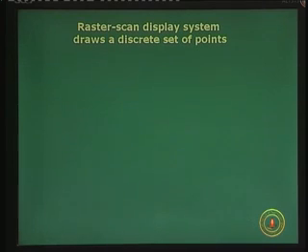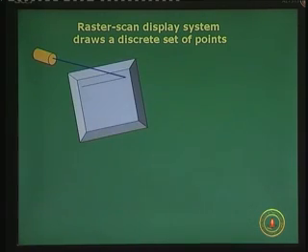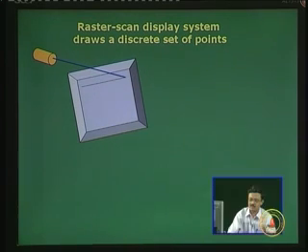So, we know that the raster scan display system draws a discrete set of points, and this is shown with the help of an example like this. This picture shows that there is a yellow cylinder on the top left which signifies an electron gun.